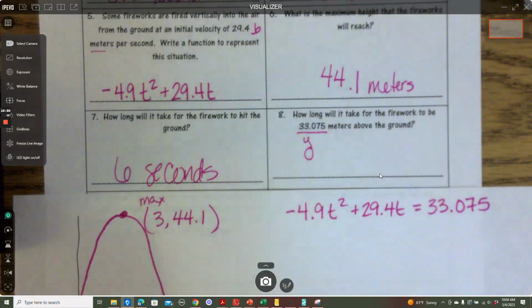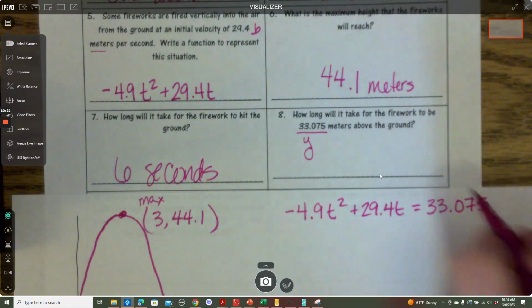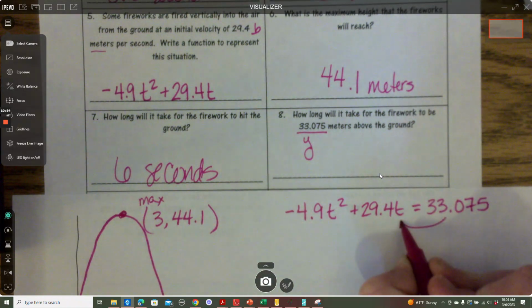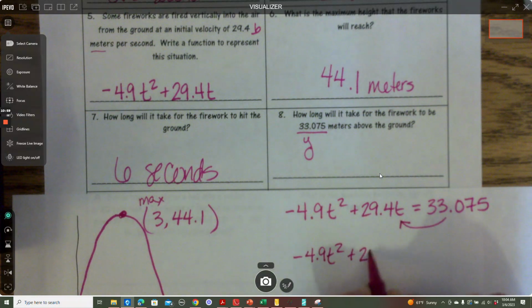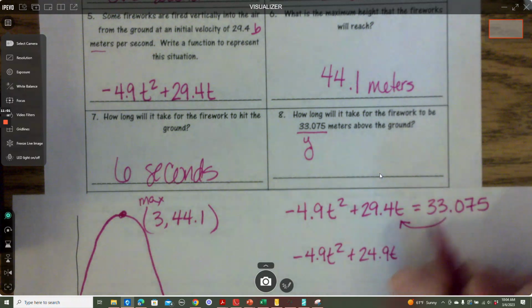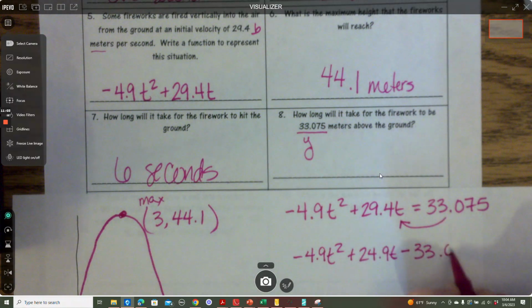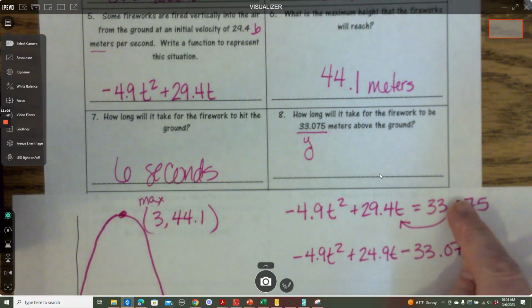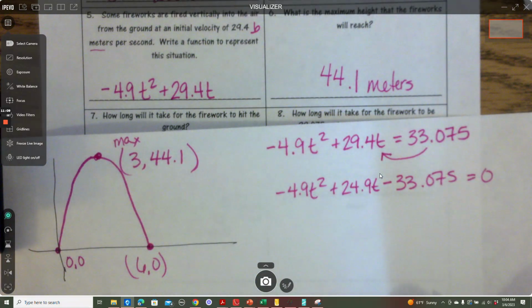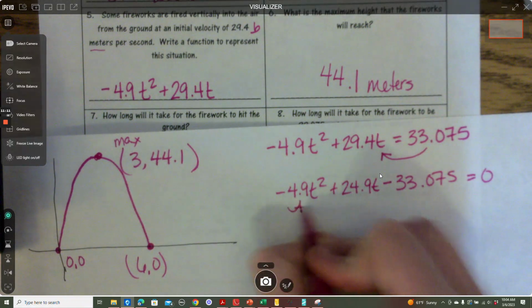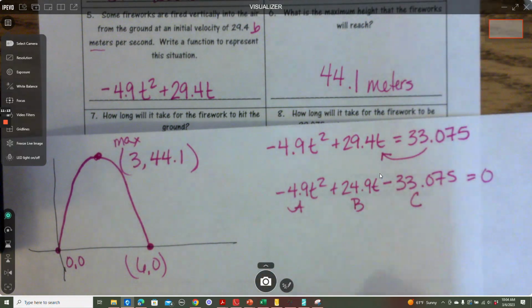We have officially come full circle. So when we use the quadratic formula, we need all the pieces together. So subtract 33.075 from both sides, because remember, we need all the pieces and we need one side to be zero. So this is A, this is B, this is C.